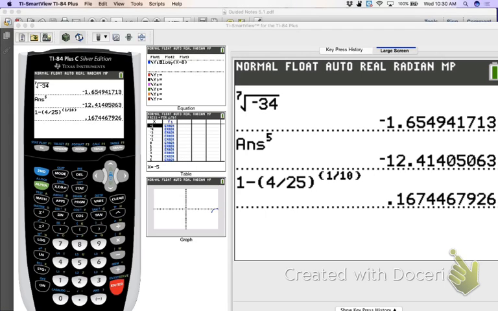So 0.167. So about what percentage did it lose each year? If it's 0.167, that's 16.7%. So it lost about 16.7% per year. That is probably what they use.